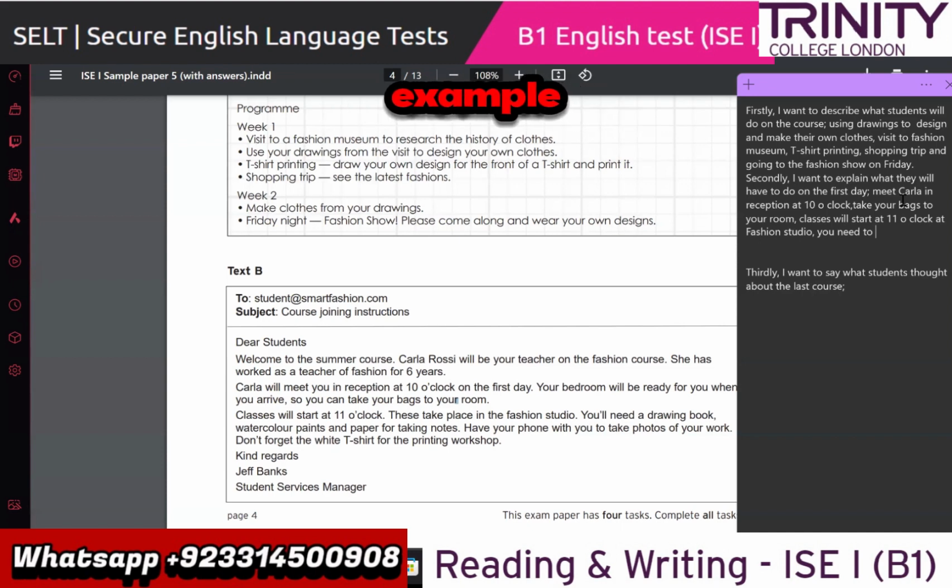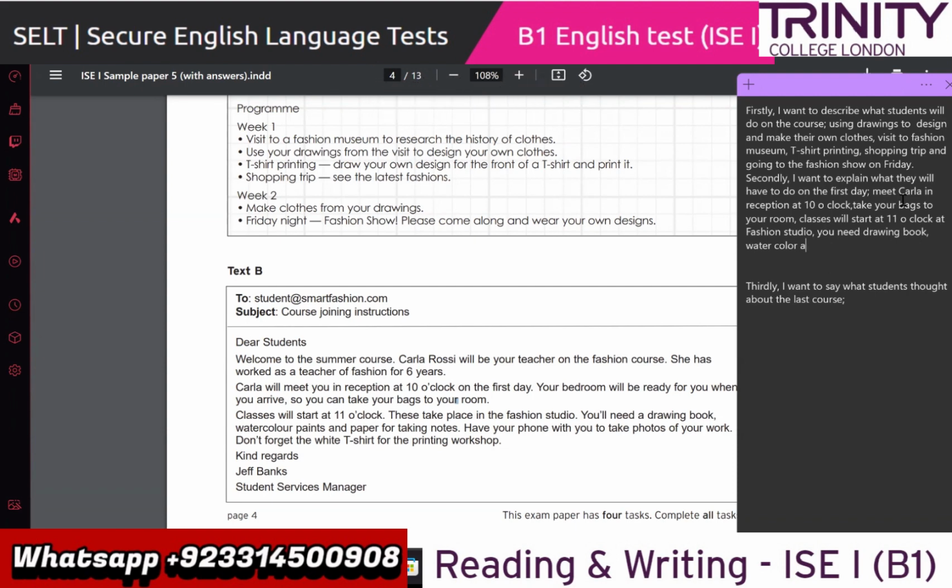But if you don't want to write this, then you can say you need drawing book, watercolor, a notebook, and paper to take notes. For example, we just want to do the minimal right now. What is required? Take notes.